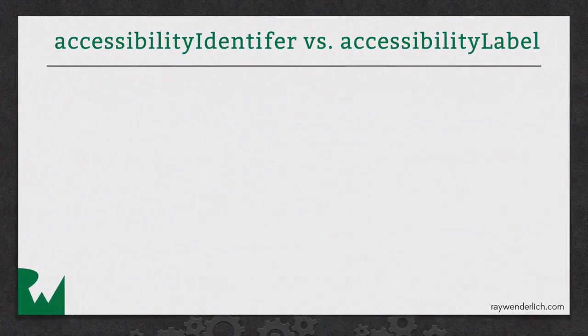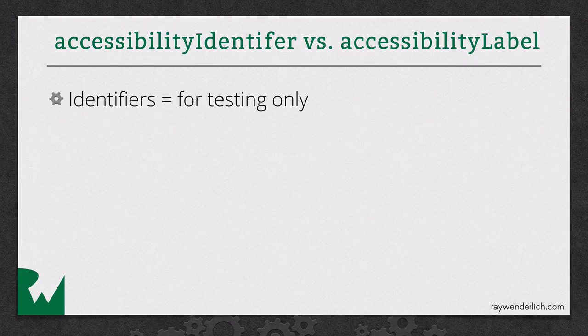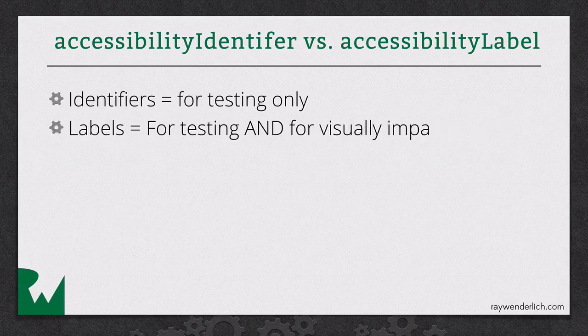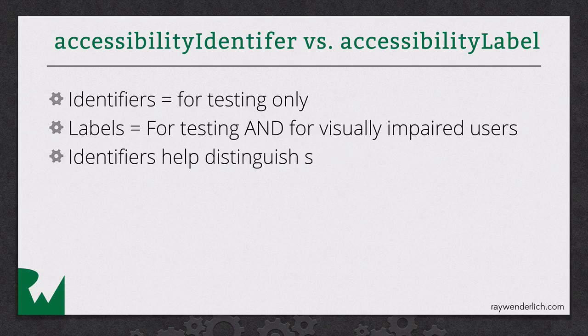So to start off with, let's try to understand what the difference between an accessibility identifier and accessibility label are. Identifiers are for testing only, whereas labels are for both testing and visually impaired users. So identifiers only show up in a way that testing can be used, and then the labels will show up for visually impaired users as well.